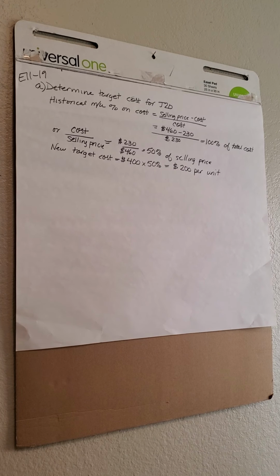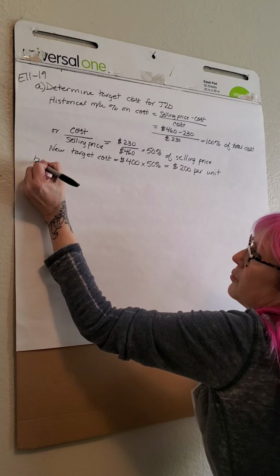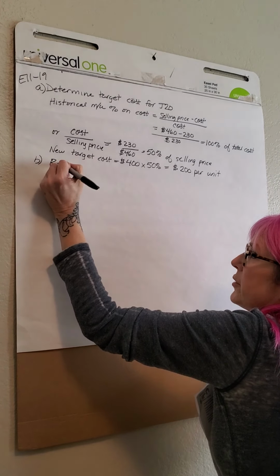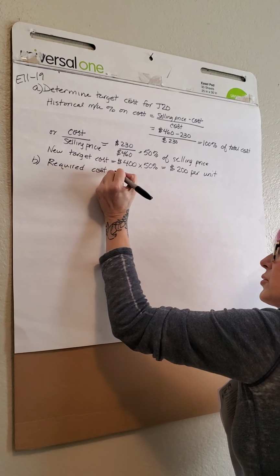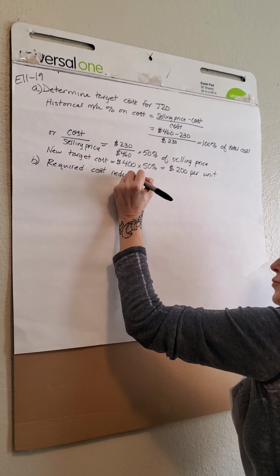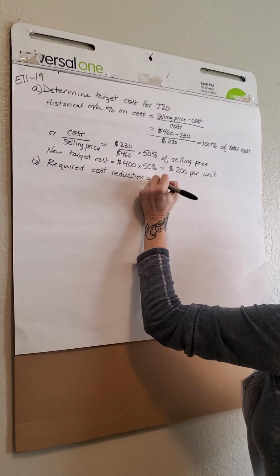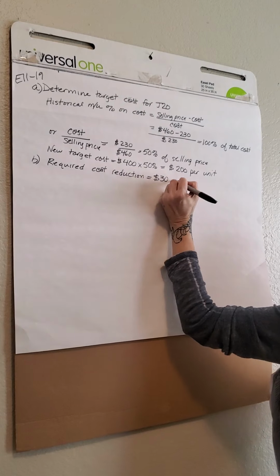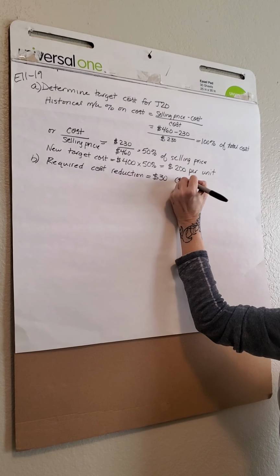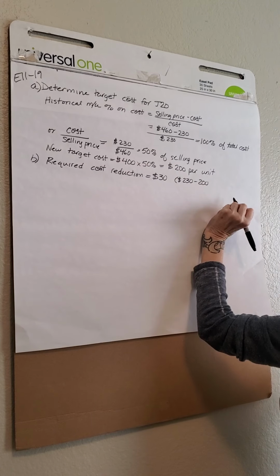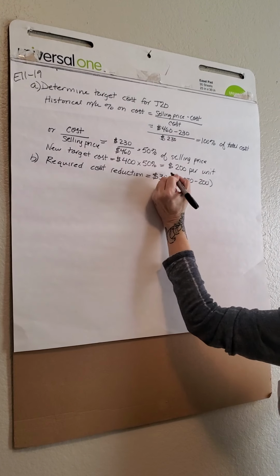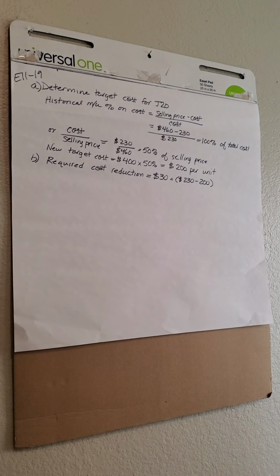And so for B, where it asks to determine the required cost reduction. So this is A. B, the required cost reduction equals $30, which is the old cost of 230 minus the new target cost of 200, so $30 per unit.